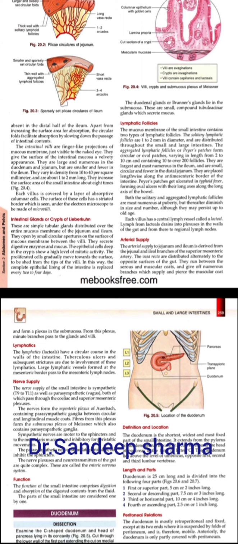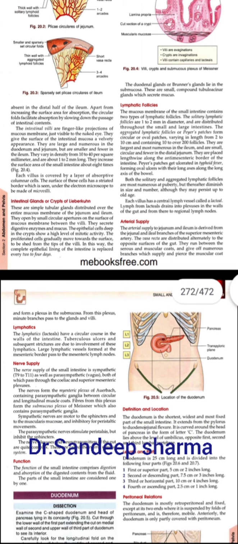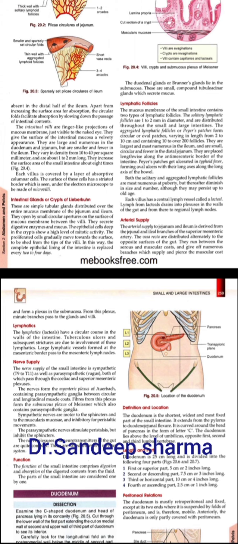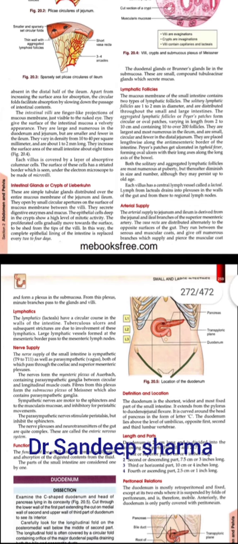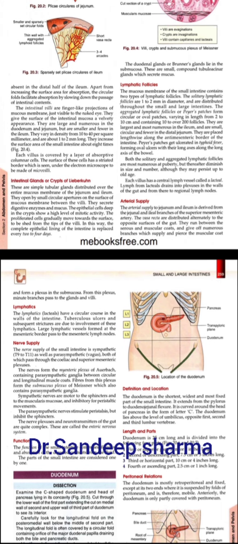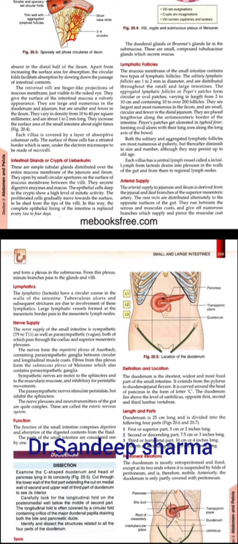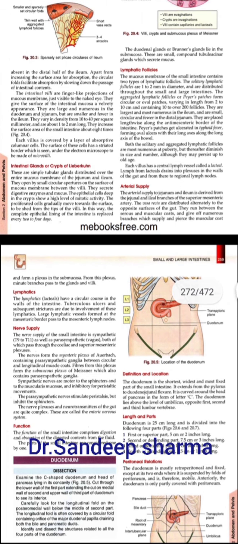The next point is intestinal glands, or crypts of Lieberkühn. These are simple tubular glands distributed over the entire mucous membrane of the jejunum and ileum.